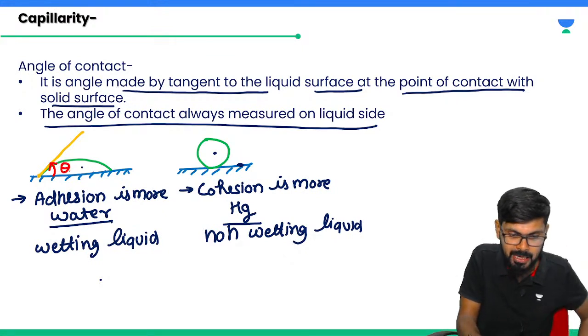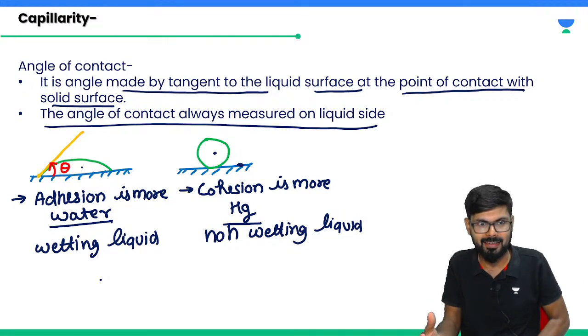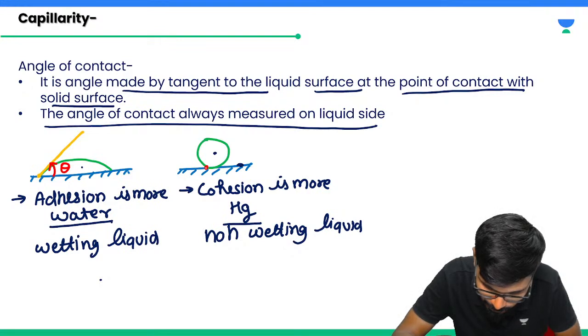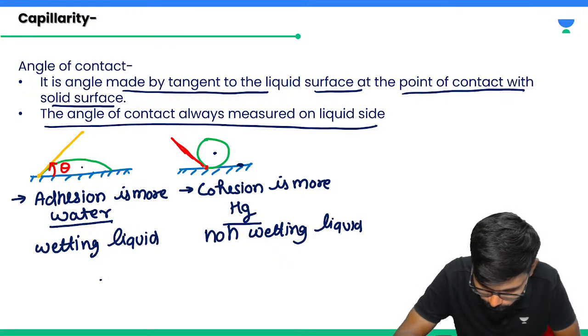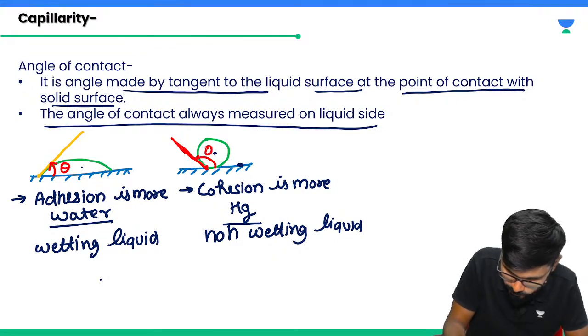Now this theta is called the angle of contact. Similarly, this is the point of contact. Here I will draw one angle, and from the liquid side, this is theta.